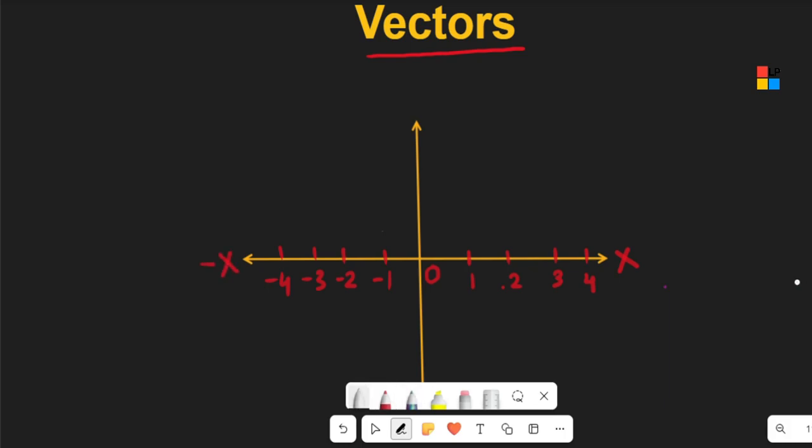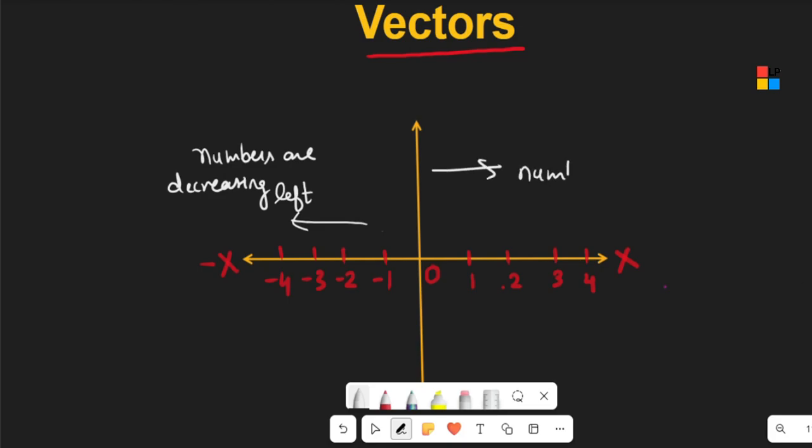तो यहां पर एक तो बहुत बेसिक सी बात है कि जब हम लेफ्ट की तरफ जाते हैं, numbers are decreasing, whereas whenever we move on the right hand side, numbers are increasing.